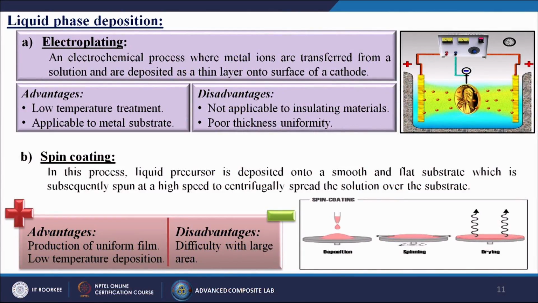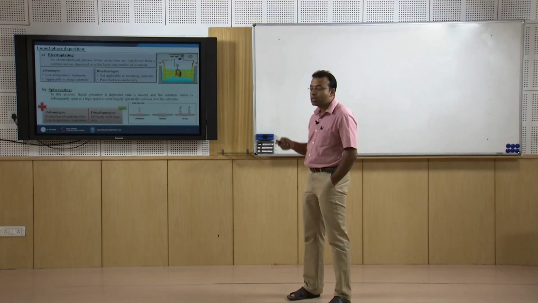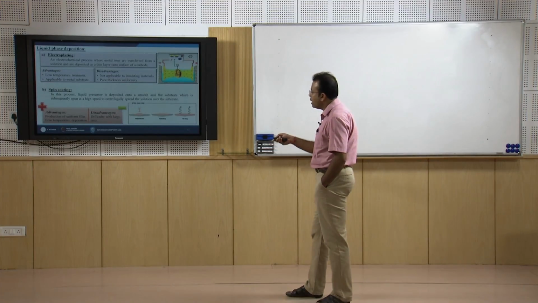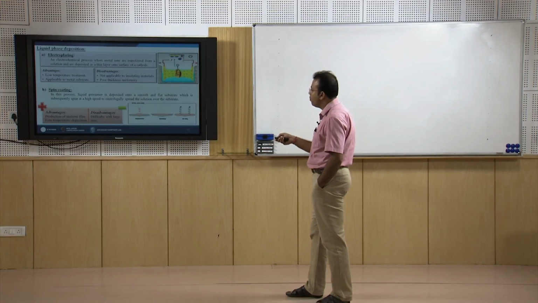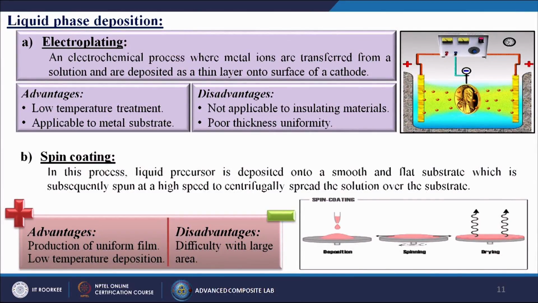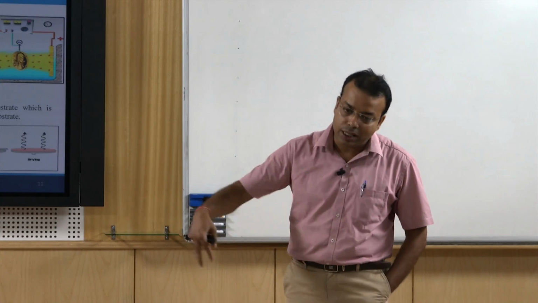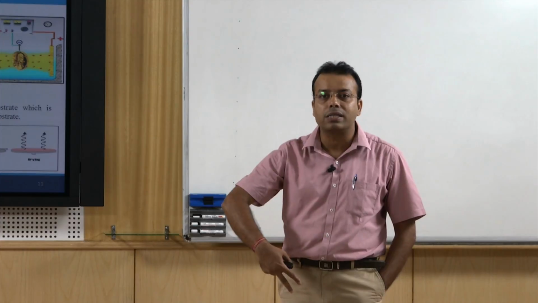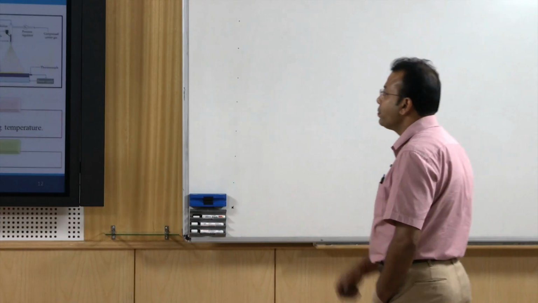Then we dry the material and take it out, and that is known as thin film deposition by the spin coating process. What are the advantages? Production of uniform film, low temperature deposition. Disadvantage: difficulty with large areas, because we put certain droplets, and sometimes they can't cover the whole disc area at a time.